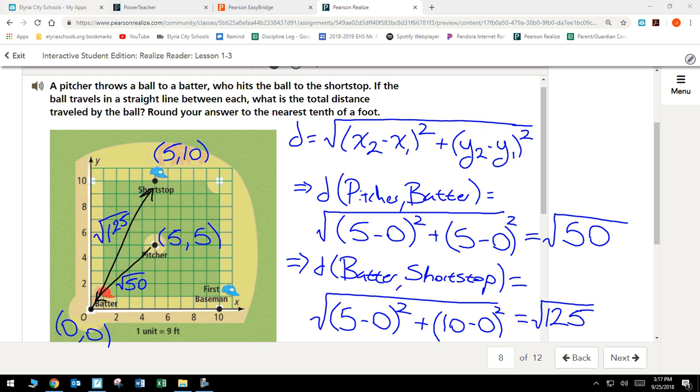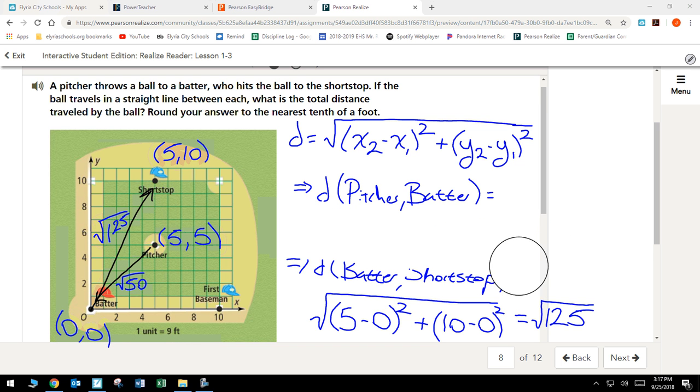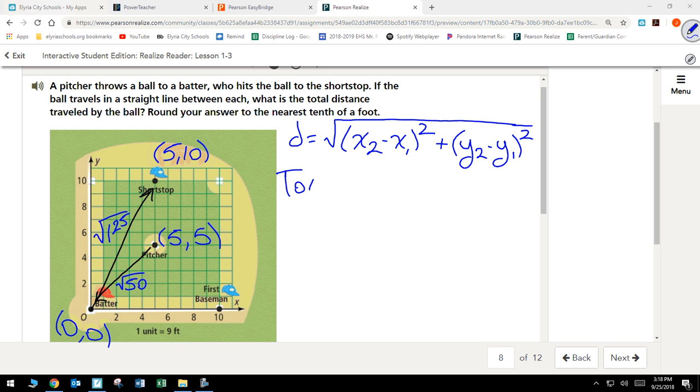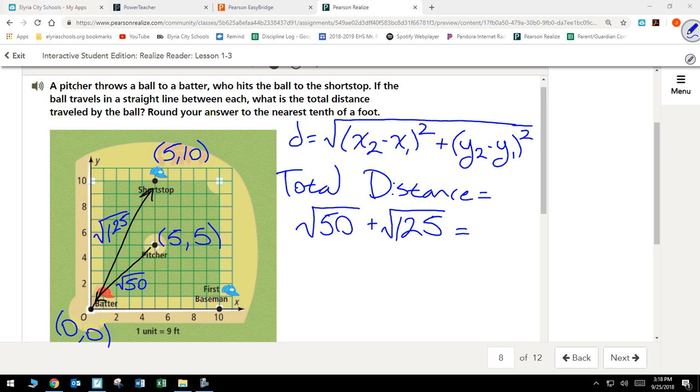So my total distance traveled is equal to the first distance, which was the square root of 50, plus the square root of 125. Now, you cannot combine these together and say square root of 175. That is a common mistake. You cannot combine those square roots in that way.